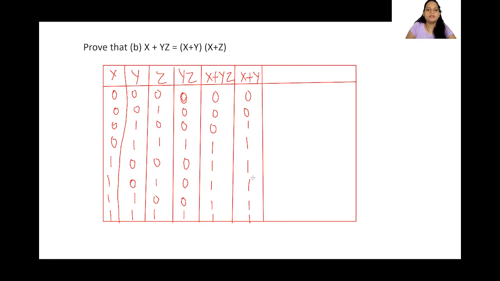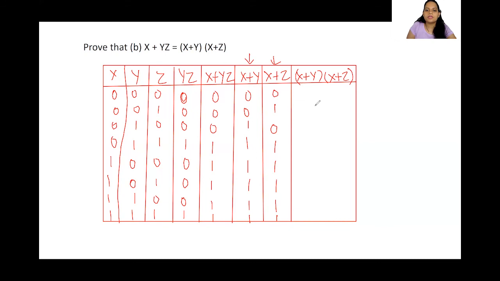What else do we need? Next thing we need is x plus z. So let's do that. x plus z is here. So I'm getting 0, 1, 0, 1, 1, 1, 1, 1. Try writing this truth table by yourself at home so that it becomes practice for you all also. Now the final one, which is (x + y) and (x + z), which is nothing but AND operation between this one and this one.